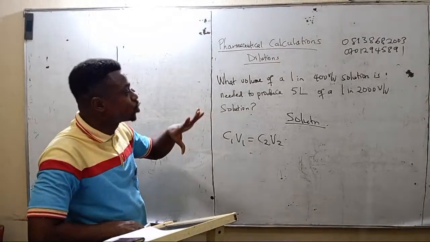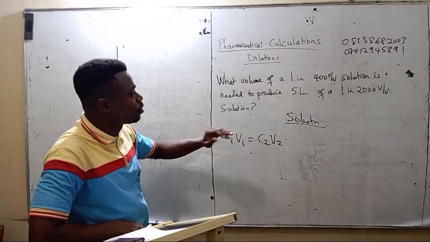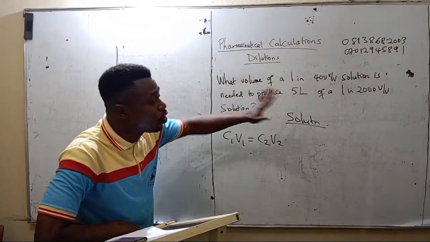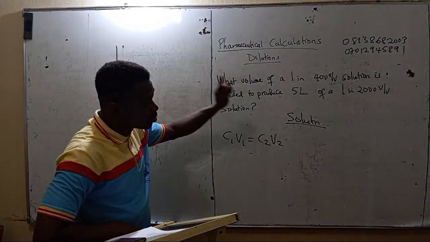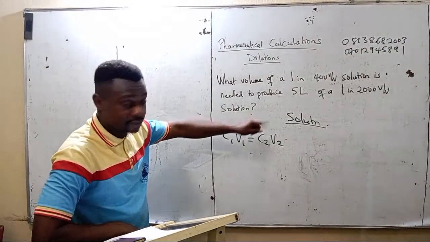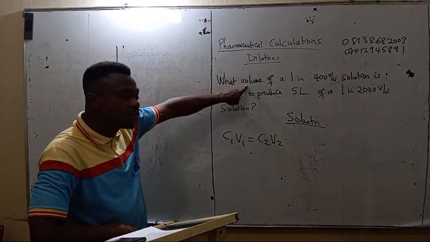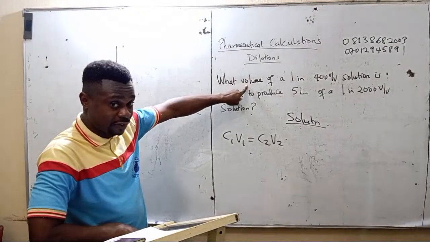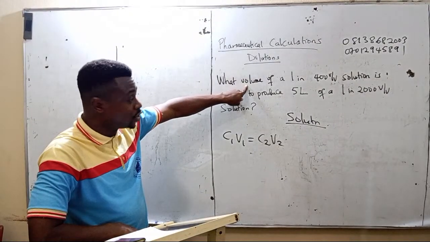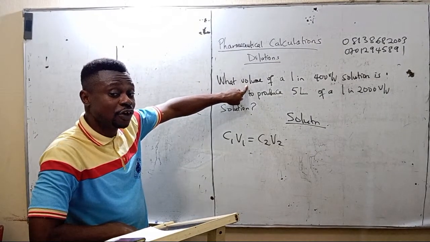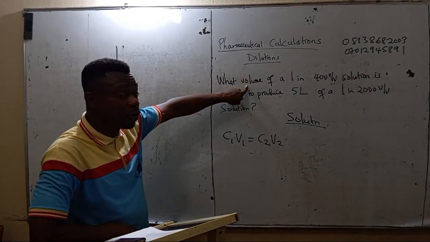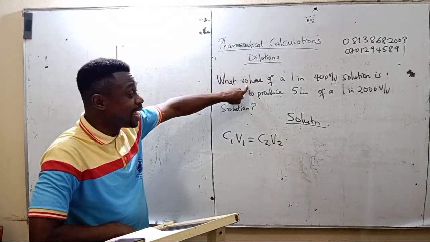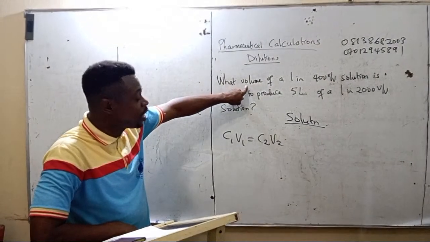Now, from this question, the stock solution has a concentration of 1 in 400 volume in volume, which is a ratio strength. But no volume was given. The volume of the stock solution that was used was not indicated.